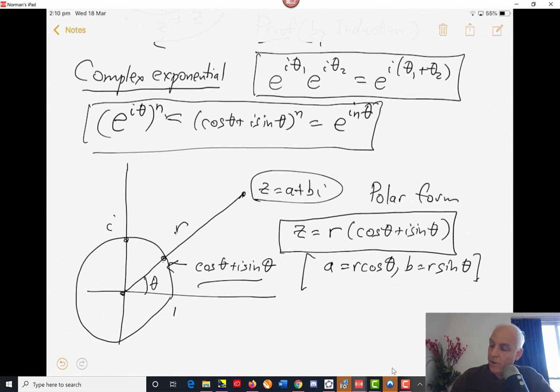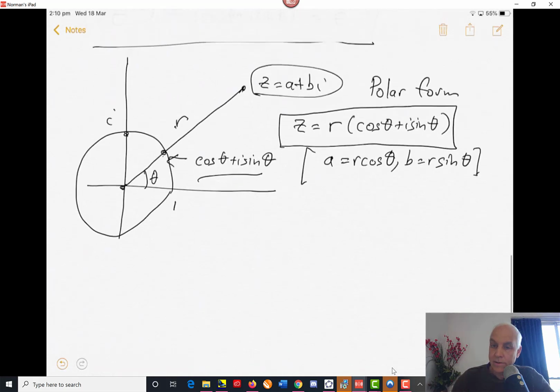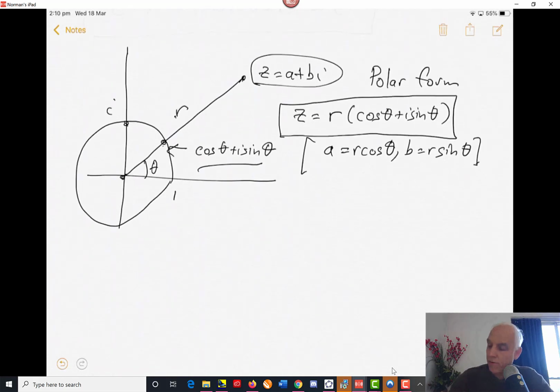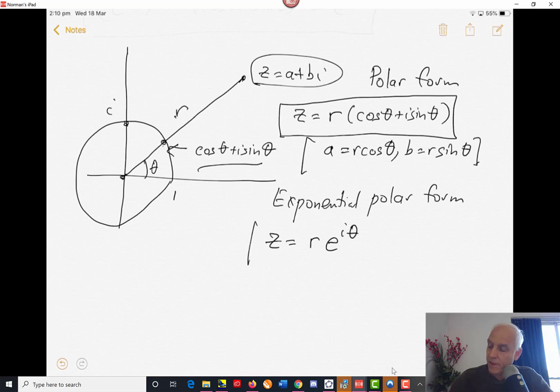And now we see that we can also write a corresponding exponential polar form: this same complex number z can be written as r times e to the i theta. That's a very nice way of describing a general complex number, where r is the modulus of z and theta is the argument of z.